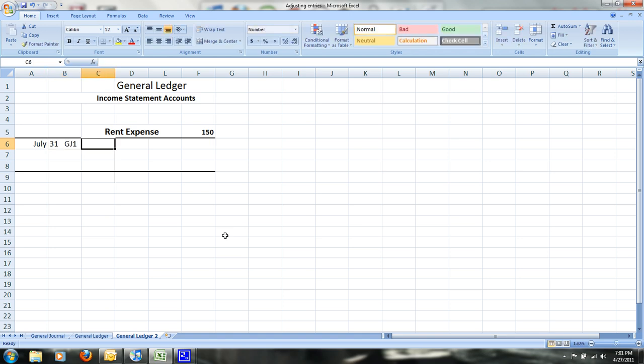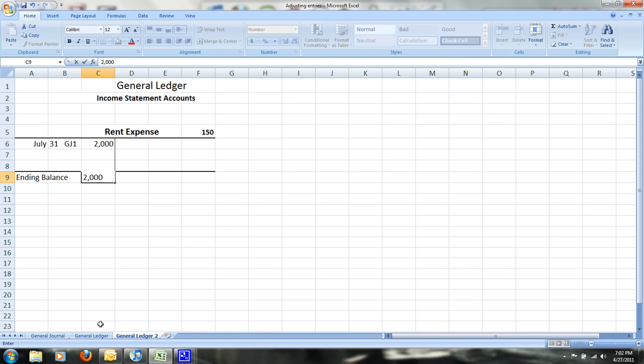And we increased that by $2,000. Okay, and that's all we did for rent expense for the entire month. So our ending balance for July 31 is going to stay $2,000.